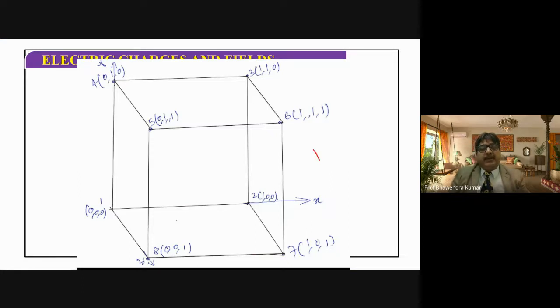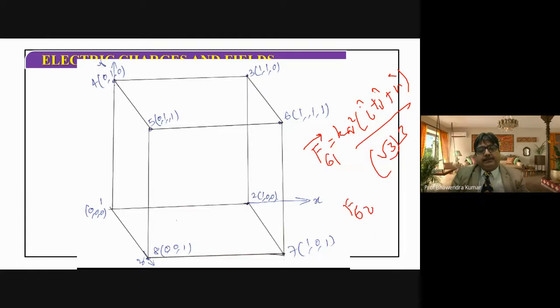So can you tell me what is the value of F61? KQ square into root 3Q. Okay. What will be F62? KQ square into, very good, divided by root 2Q.